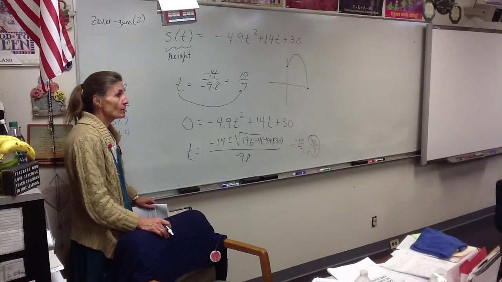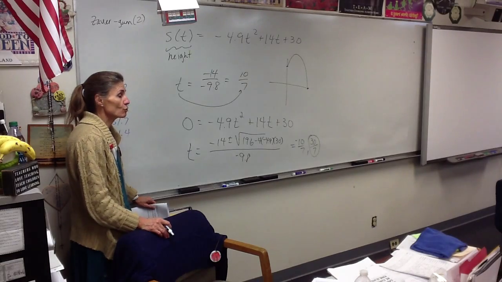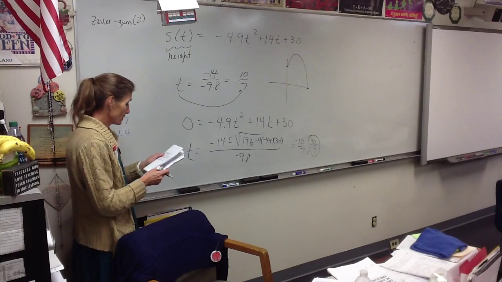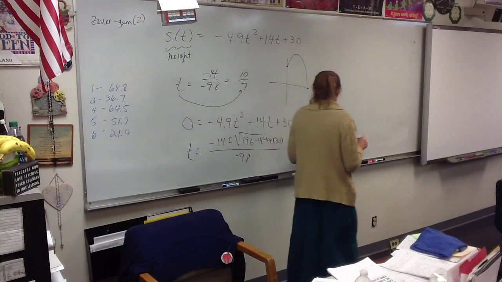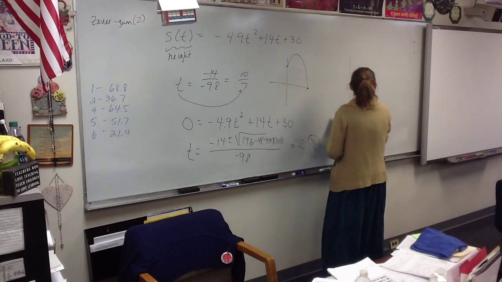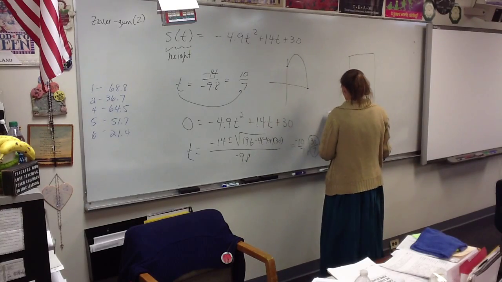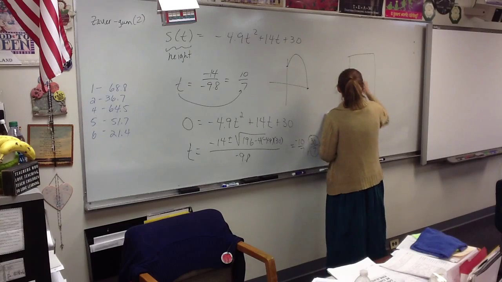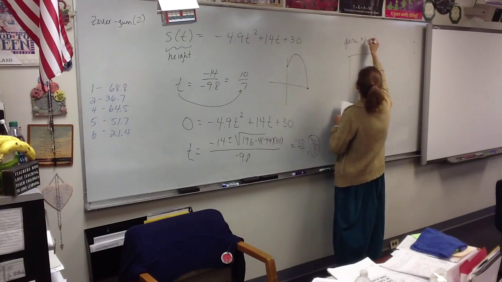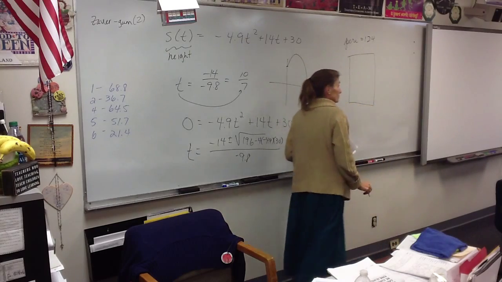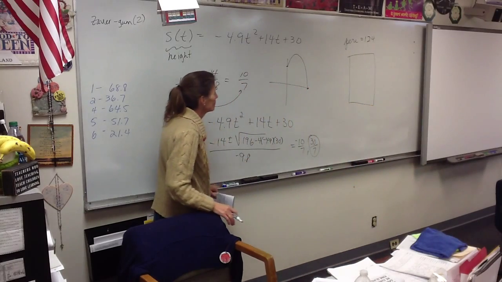Okay? All right, who has another one on here that looks troublesome? Kendall? 14. So we have a picture, and we need the perimeter to be 124, right?